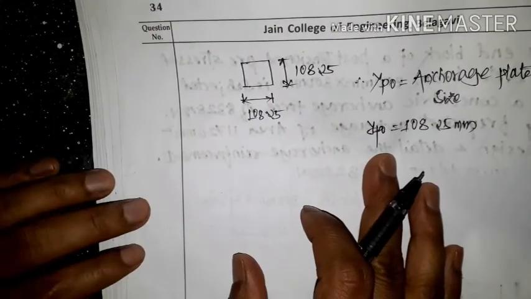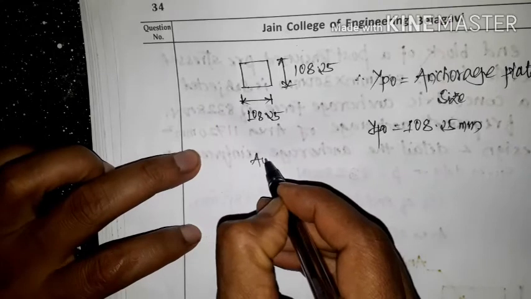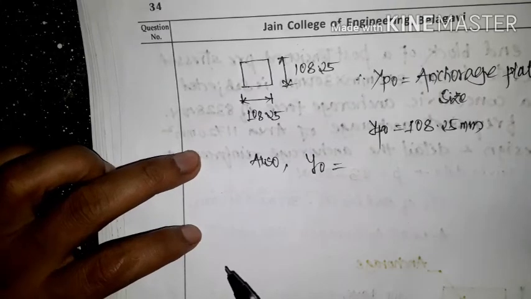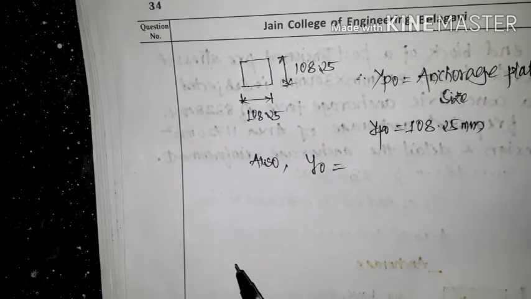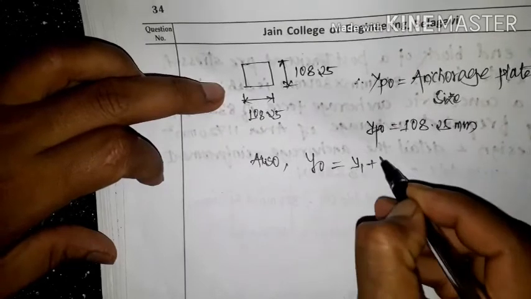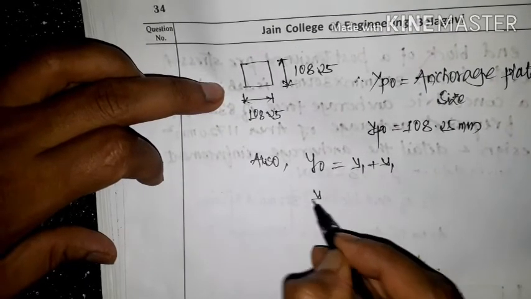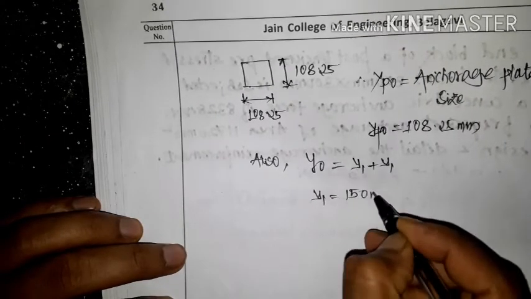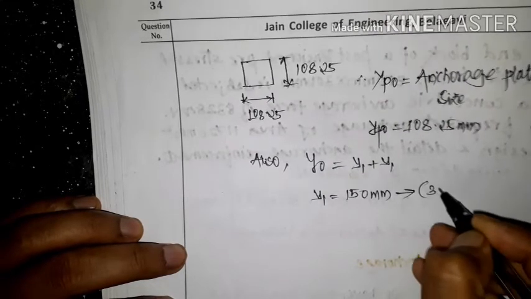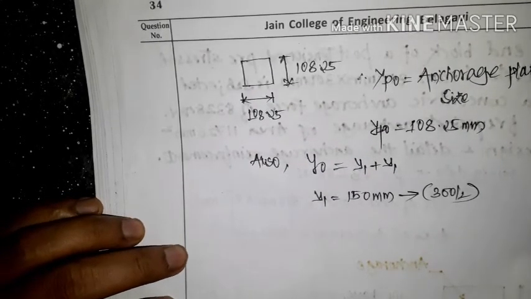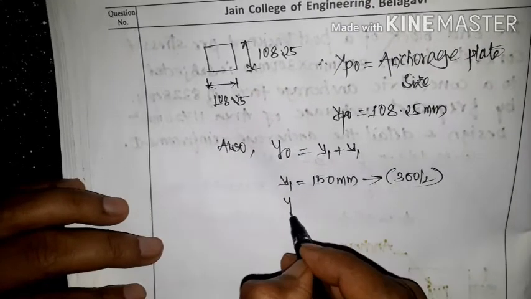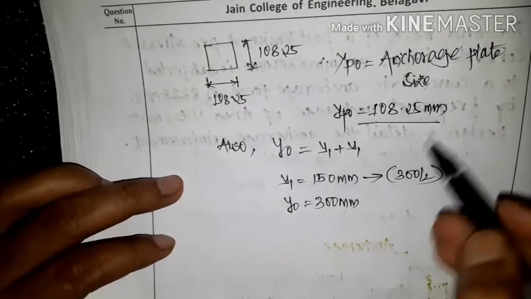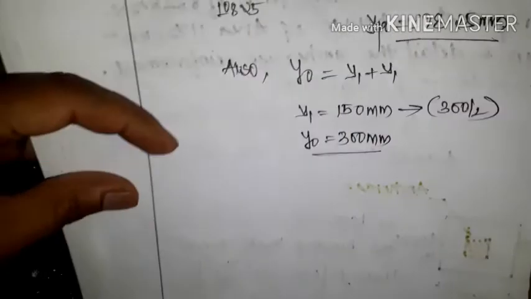Also, as I told you, Y naught is equal to Y1 plus Y1, because it is a concentric plate, where Y1 is equal to 300 by 2, that is 150 mm. So Y naught is equal to 300 mm. So we got Yp naught and Y naught.